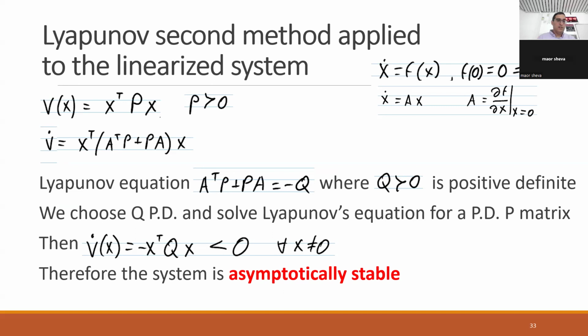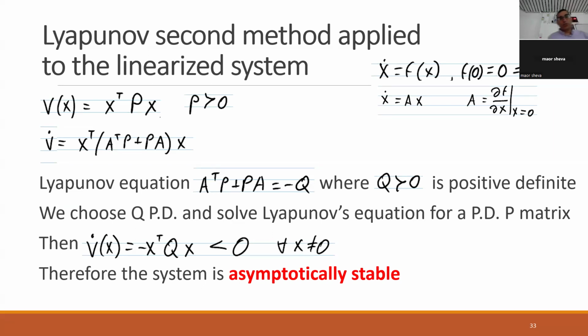So this is how we find if a linear system is stable. We can look at the eigenvalues, but we can also solve the Lyapunov equation.